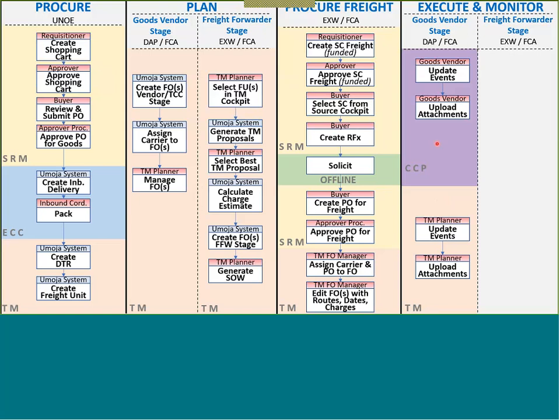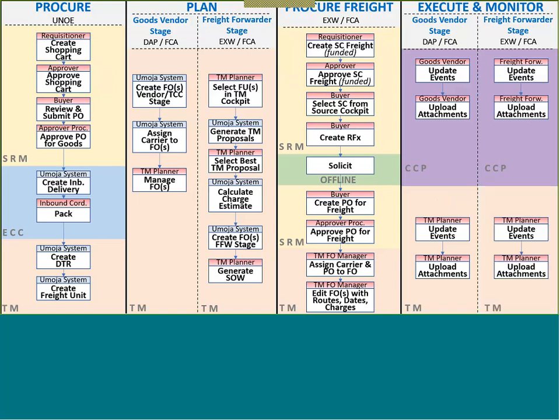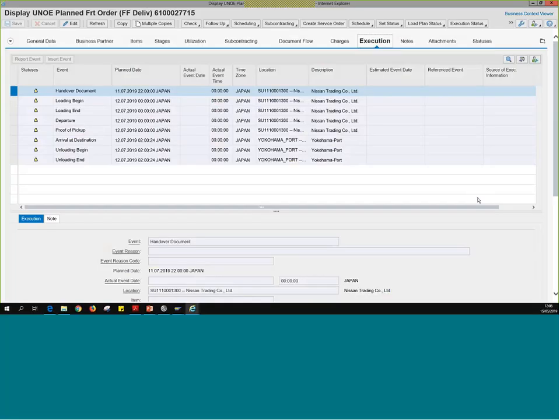This happens for the goods vendor stage as well as the freight forwarder stage. Now, this was something that didn't make too many people happy when we were delivering the training, knowing that eventually if the vendors or freight forwarders do not submit the events in CCP, the TM planner would have to do so in TM. But so you understand how that works, any change that I make to these events here, handover document, will be automatically reflected in CCP.